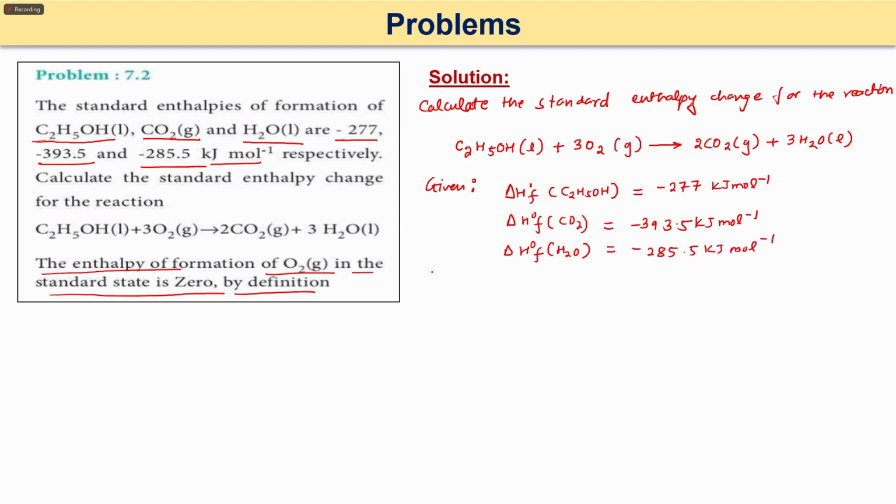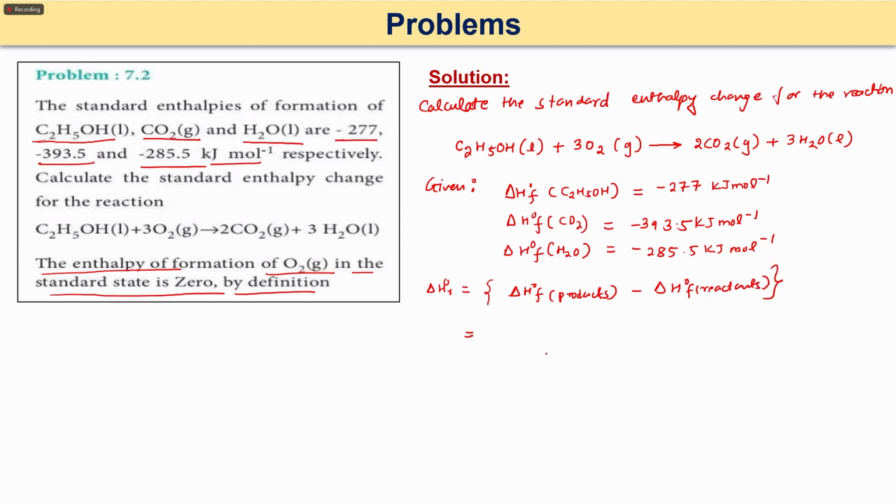In order to calculate, we will take the difference of the enthalpy of formation of products and reactants. We know that delta H naught of reaction is equal to delta H naught f of products minus delta H naught f of reactants.